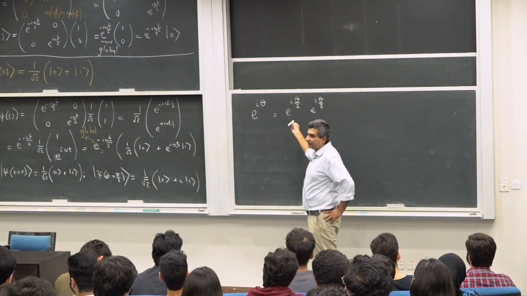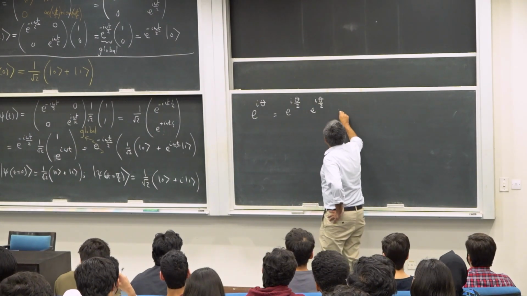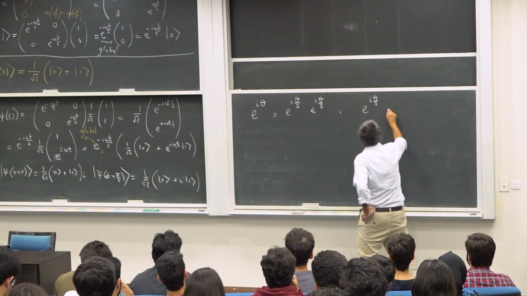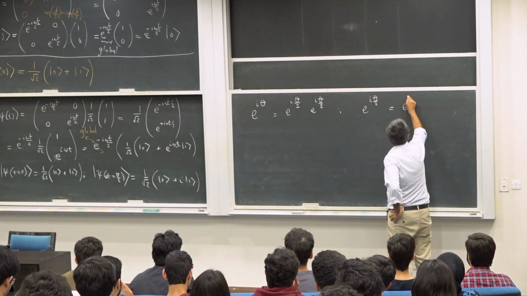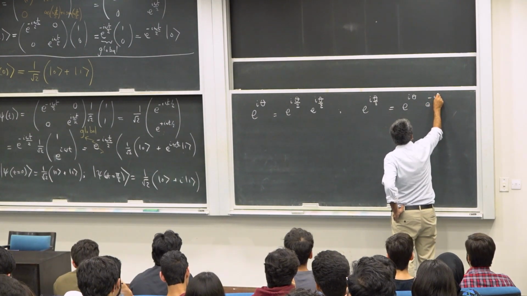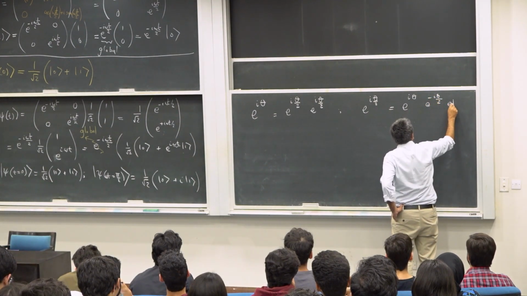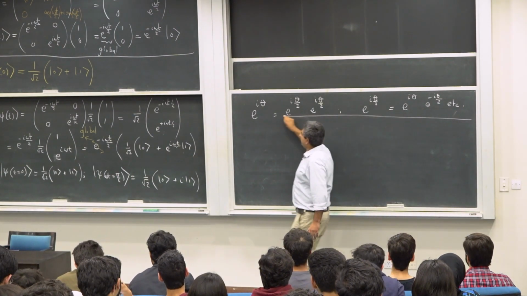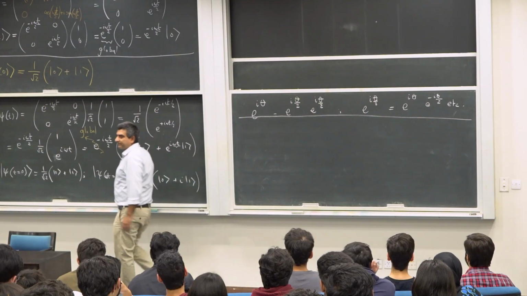Is this correct? So if I have something of this kind, I can write this as i theta into e to the minus i theta by 2, etc. Alright? Now let's look at this quantum state.